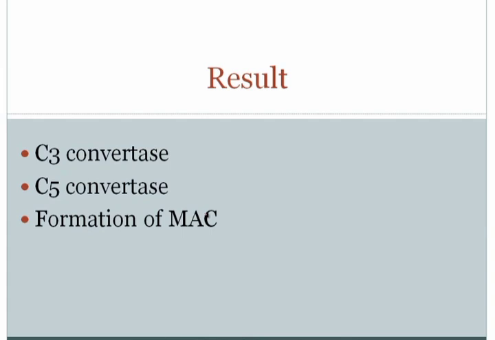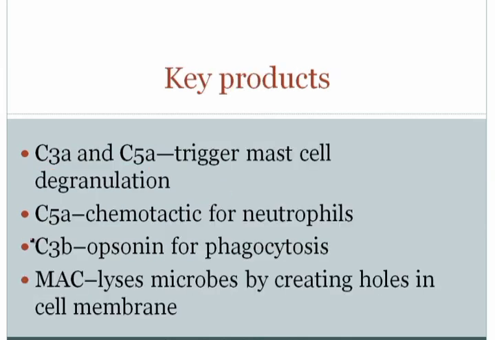Then C5b complexes with C6 through C9 to produce the membrane attack complex. The membrane attack complex produces a hole within the membrane that allows for lysis of the microorganism. So these are really the three key results: C3 convertase generating C3a and C3b, C5 convertase generating C5a and C5b, and then C5b joining with C6 through C9 to form the membrane attack complex.